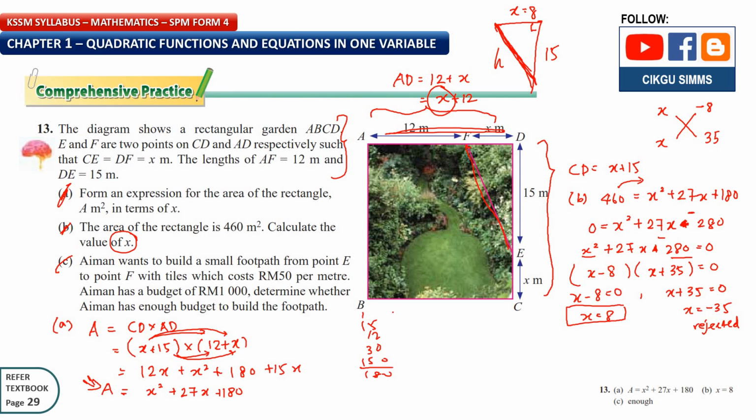So h is the square root of 8 squared plus 15 squared, and then you find the value of h using the calculator.